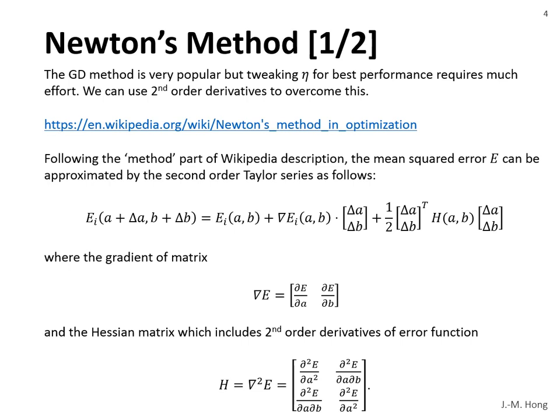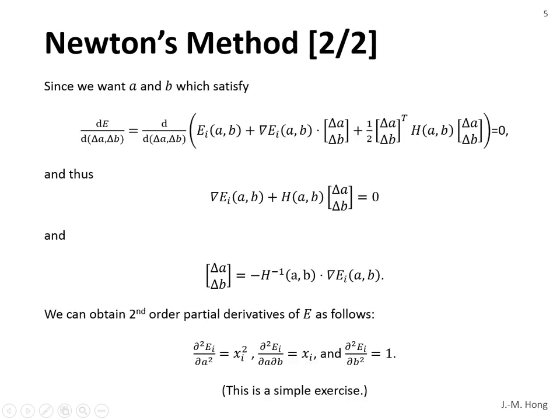So we want to find delta A and delta B so that we can find A plus delta A and B plus delta B which minimize E. That's what we want. So it requires the inverse of the H matrix.